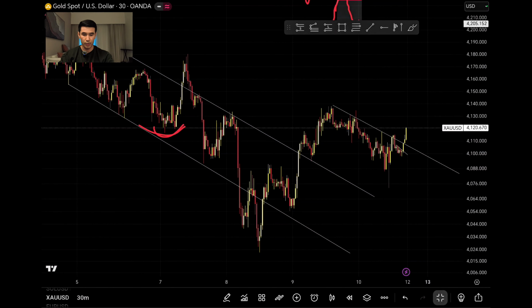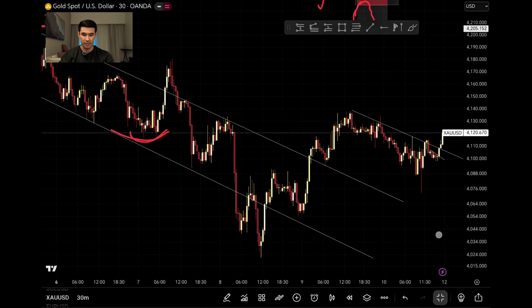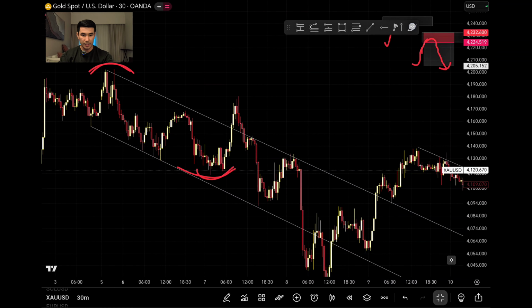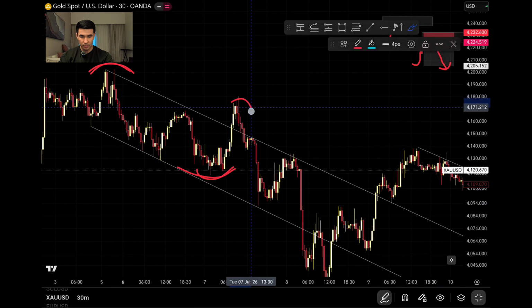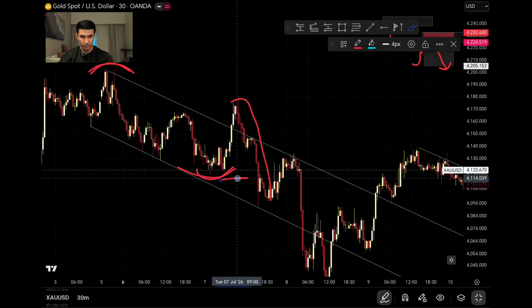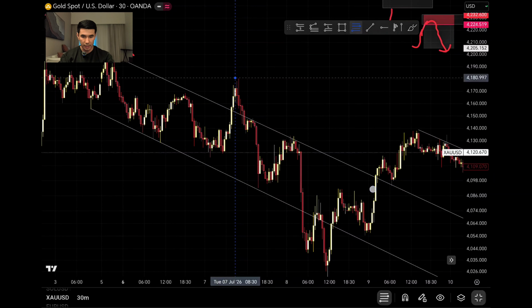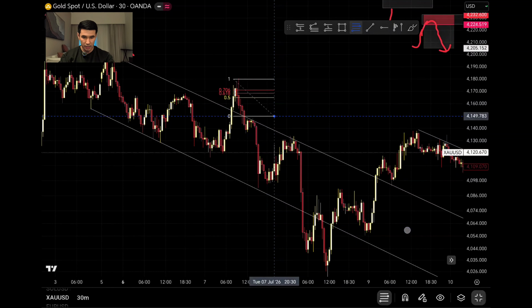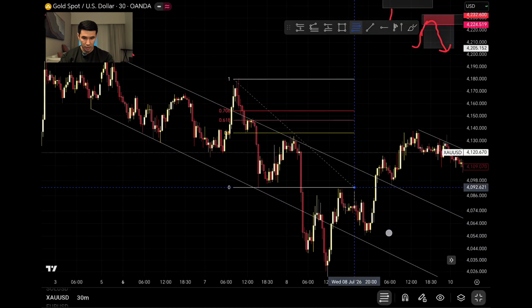Now I'm showing you how to use just the Fibonacci itself. Again it comes down from here and breaks off here, breaking the structure. So now I will show you how to use it again. Whenever it breaks, again you put the Fibonacci on the top of here and the bottom of here.